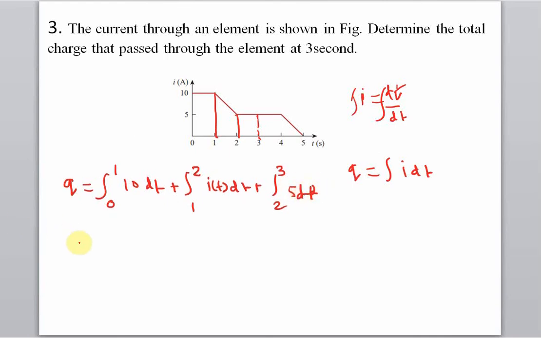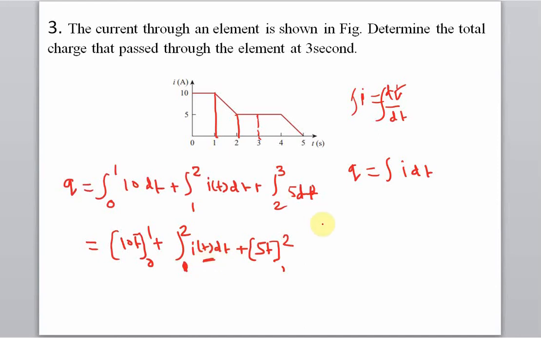Okay, if we calculate it, it will be 10t, plus 5t, plus we have to find I t from 1 to 2, putting in the limits 0 to 1 and 1 to 2.